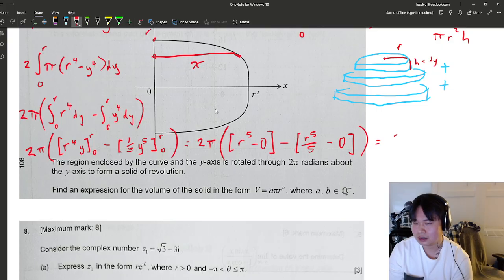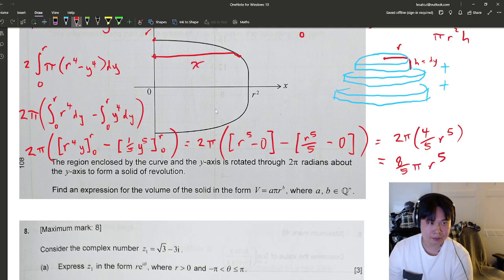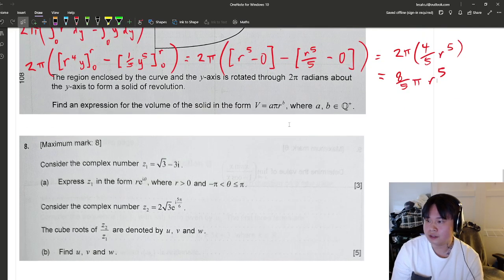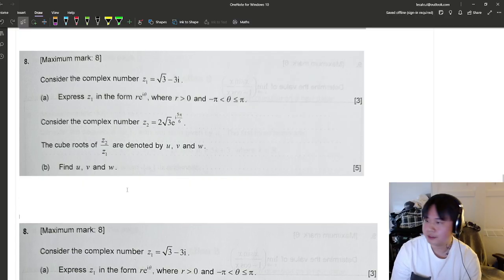Okay, 2 pi times r to the power of 5 minus a fifth of r to the power of 5 is 4/5 of r to the power of 5. This is going to simplify into what? 8 over 5 pi r to the power of 5. Okay, that looks good. Good enough for me. What's my time? 45 minutes.